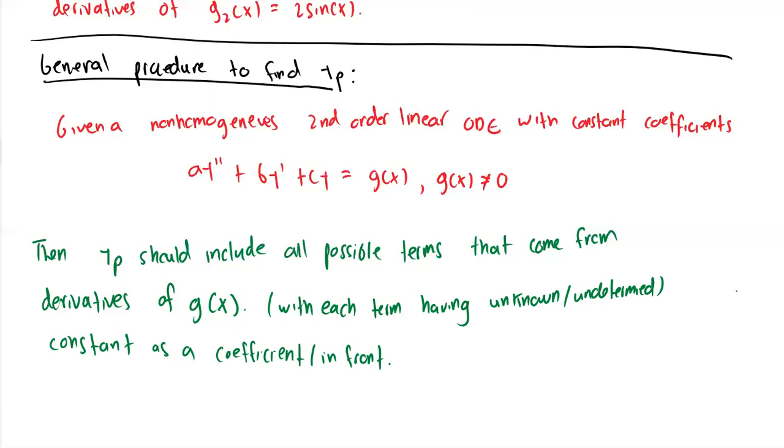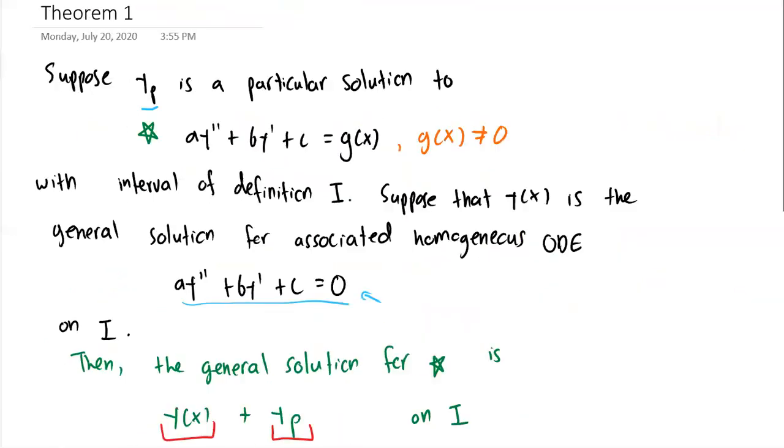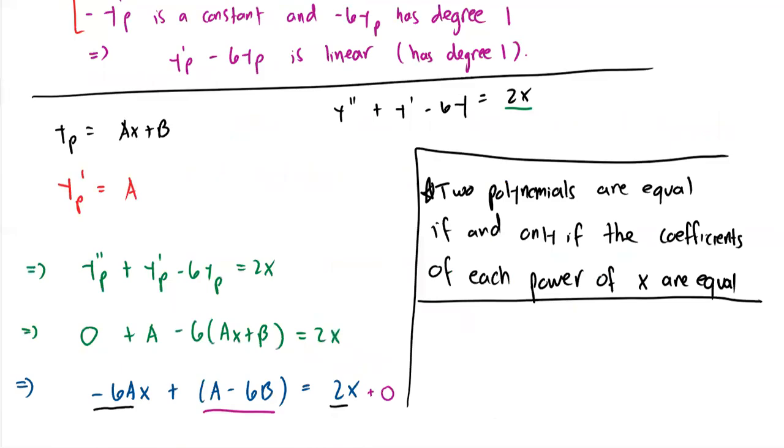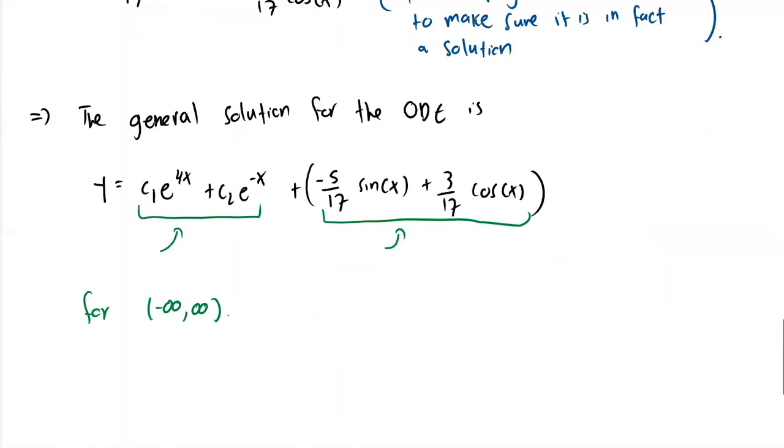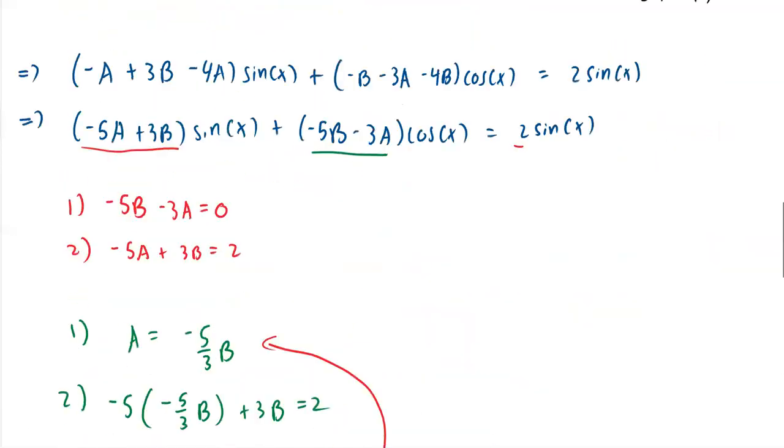And again, we already saw 2 examples where I explained it a different way, but it turns out that this was what we were doing all along. We weren't doing it that way, but basically we would have gotten the same answer if we just looked at the right-hand side, g of x, looked at all possible terms that come from derivatives, and include those in the particular solution. Same with example 2. It would have been this.